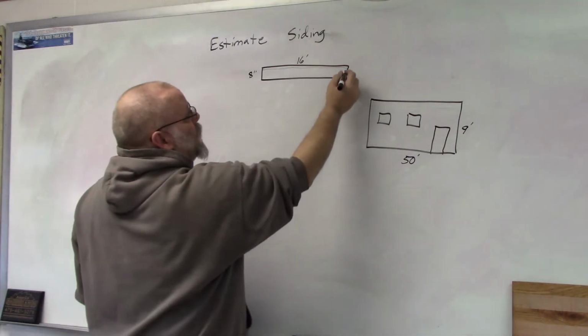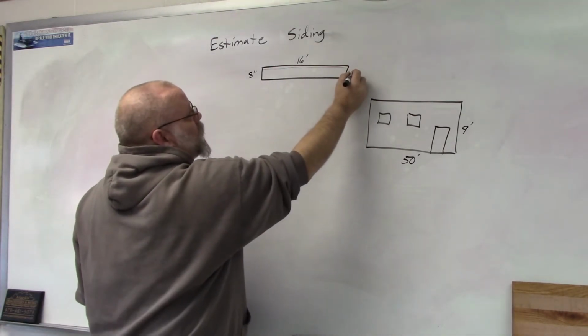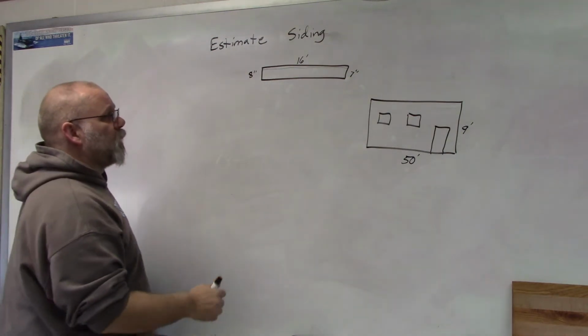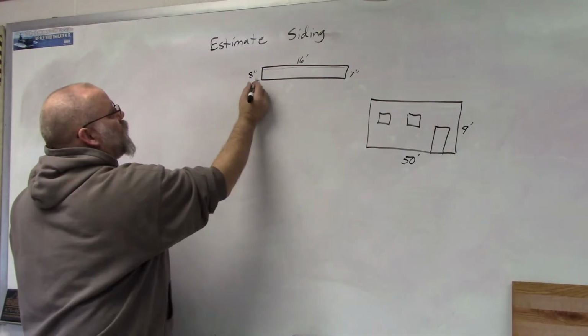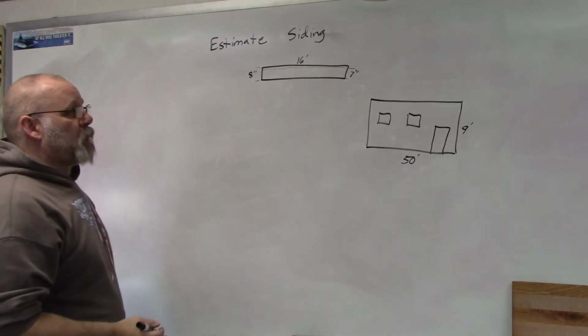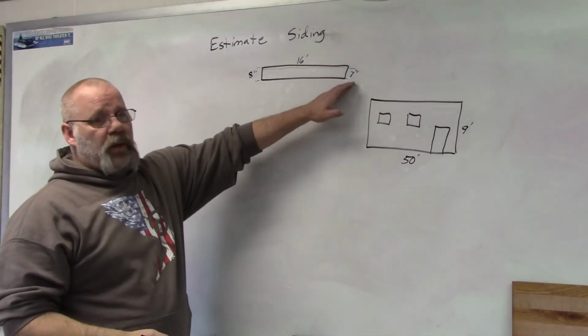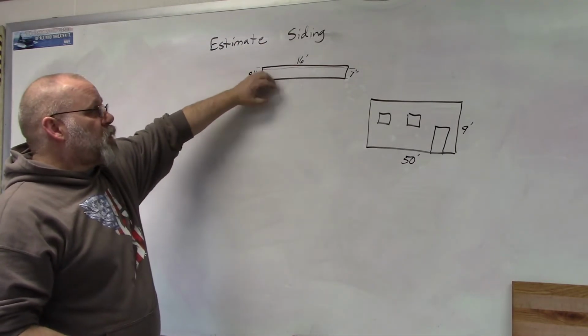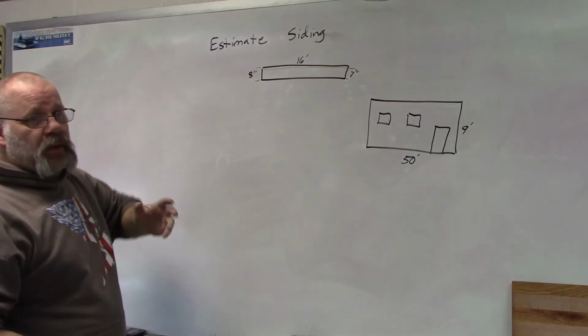Just for this demonstration, we'll say that overlap is 1 inch. So it's a total of 8 inches wide, but we only have 7 inches of exposure. And the exposure number is the one that we need, because if you had less exposure or more exposure, it would change the numbers.